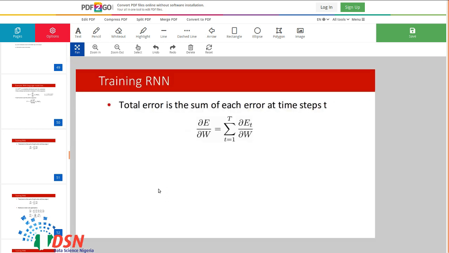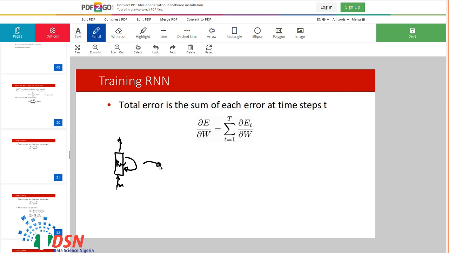In the previous session we talked about the training of RNNs, and let me just have a quick recap. In an RNN we had something like this: this is the input, and we had the state to produce the output.